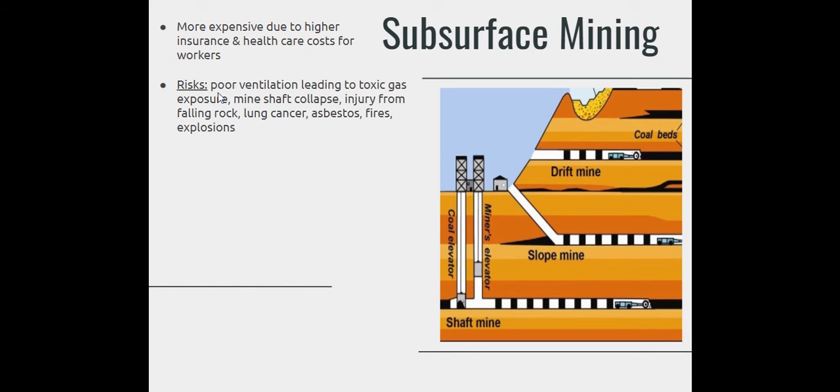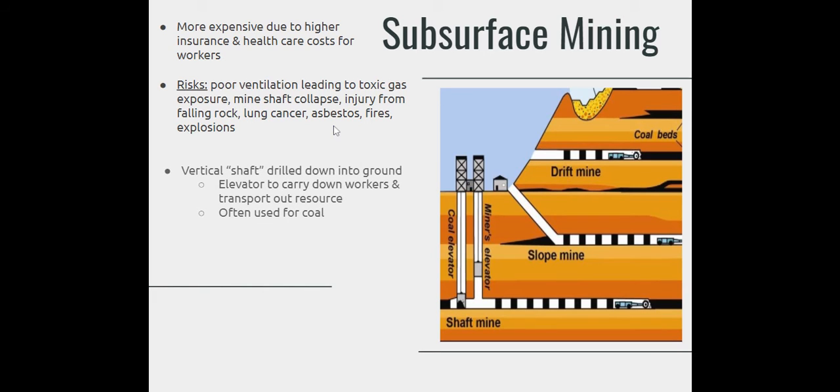Risks: there's poor ventilation. How are you going to get air down there? And there's toxic gas down in there, CO2, methane, and the area can collapse. Some of it may fall on you. You can get lung cancer from asbestos or other things, and there are fires and explosions.